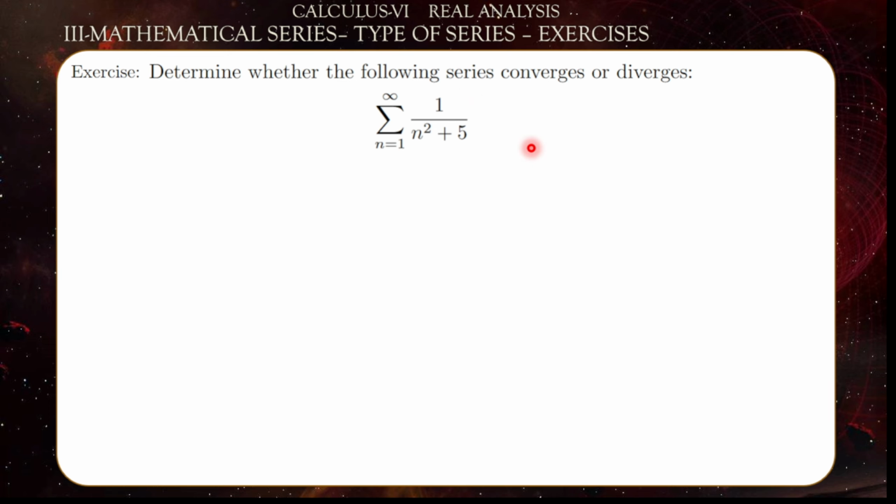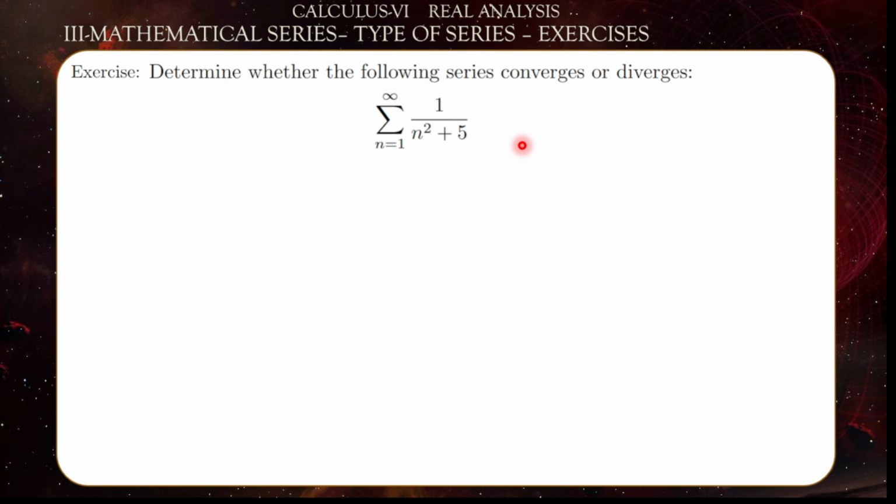Why? Because 1 divided by n squared, as you remember, has p equal to 2, 2 greater than 1, so it converges. Hence a_n, which is less than b_n, since b_n becomes the upper boundary for a_n, in such a case a_n actually converges as well.